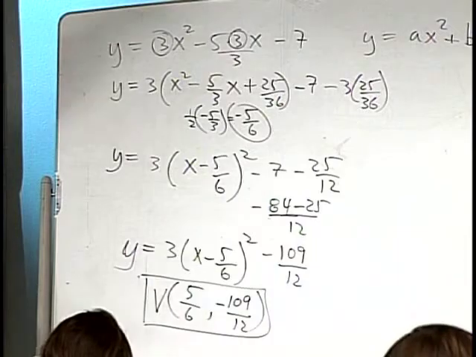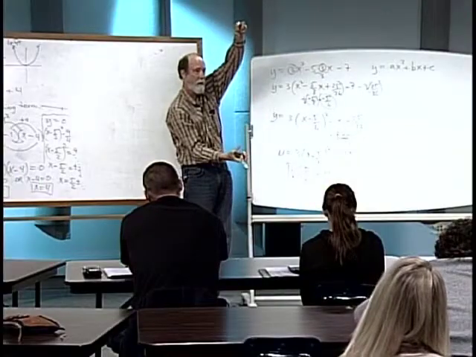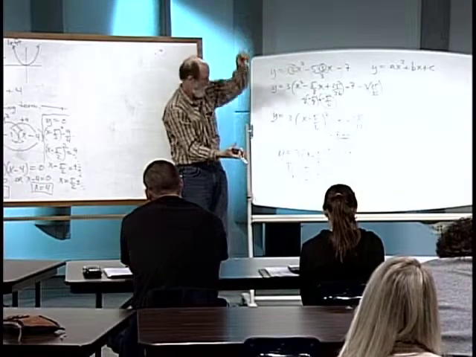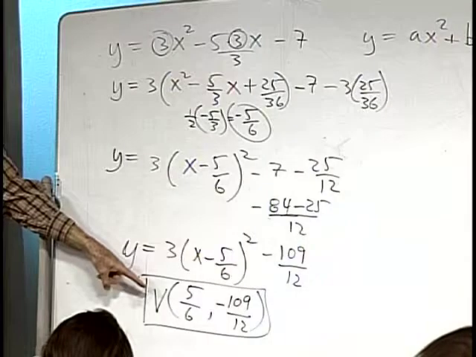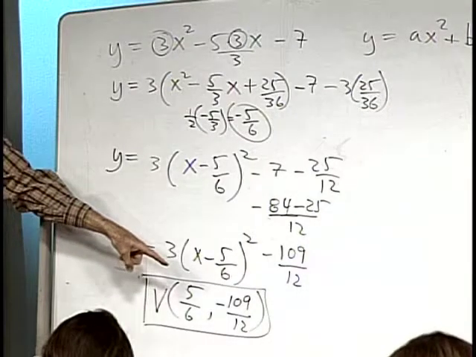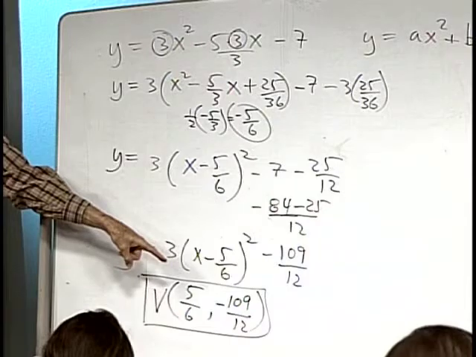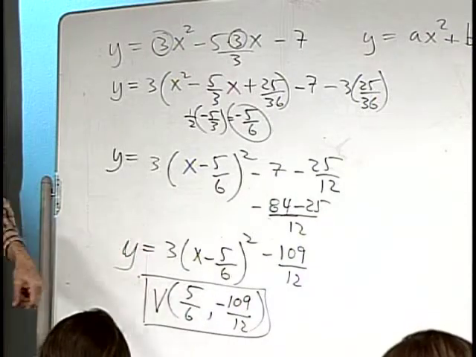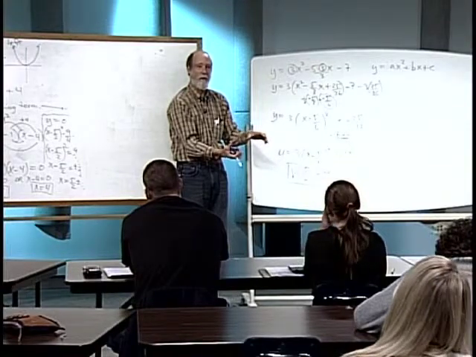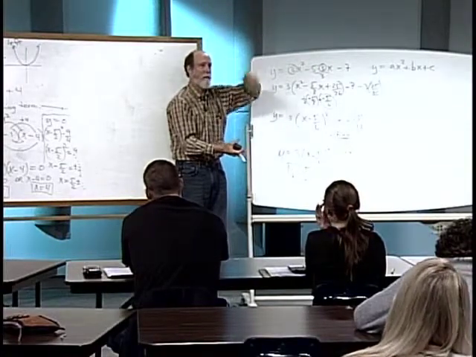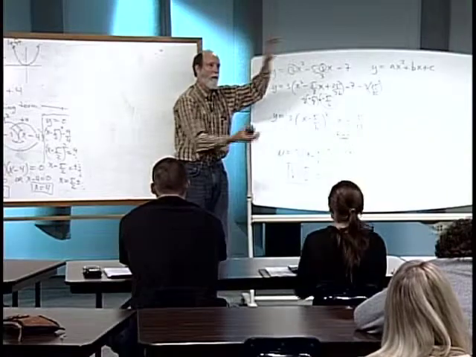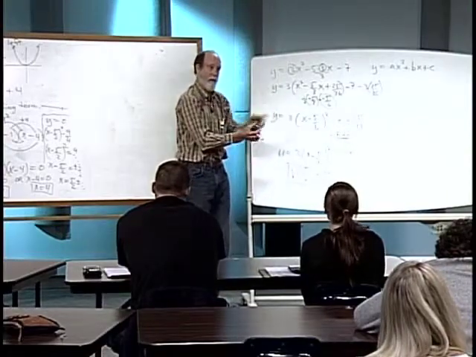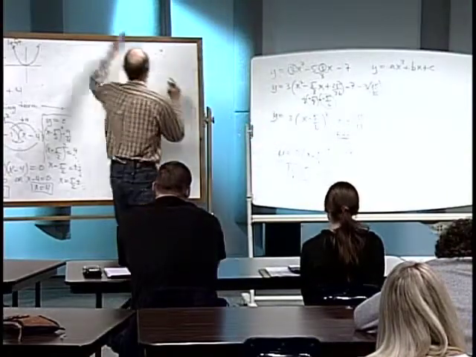Multiplying them by 3, so that's going to kind of stretch it vertically, make it tall and skinny, and then shift it to the right and down. So how many zeros will this thing have? 2 zeros, right? Think about where this thing goes. Tall and skinny, up left and up right. Over and down is going to have 2 zeros, isn't it? So let's set y equal to 0 real quickly here.